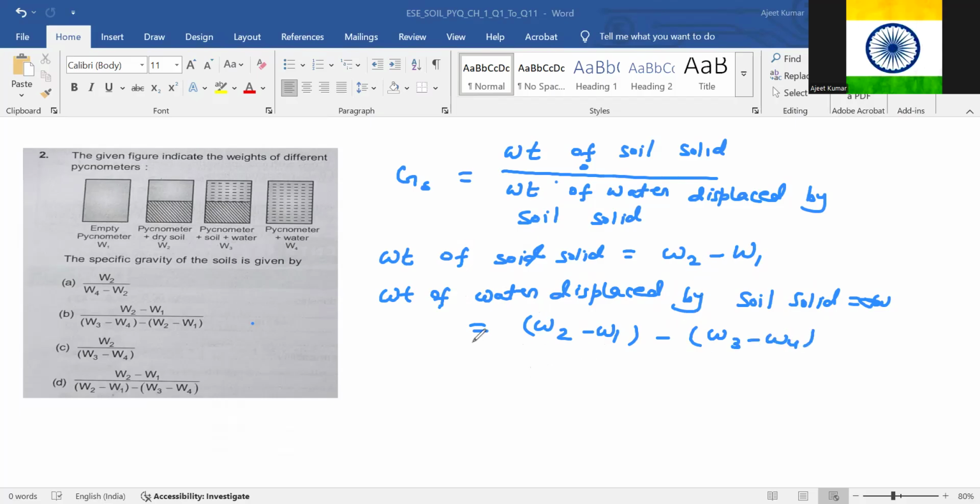So if you take these two in ratio, then you will get answer T.